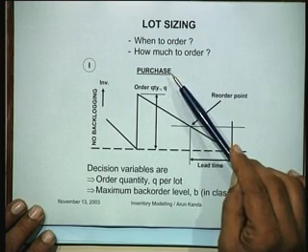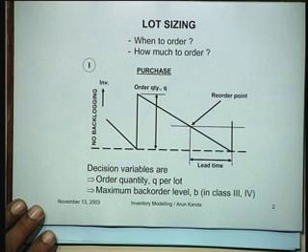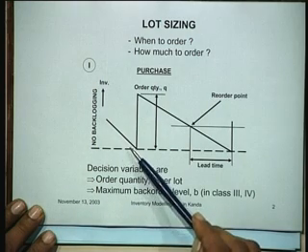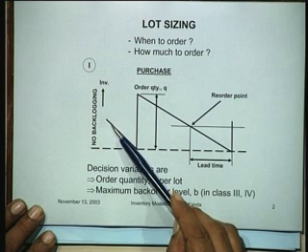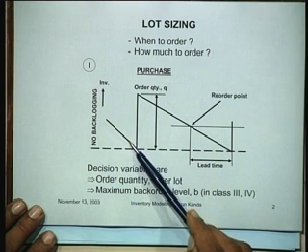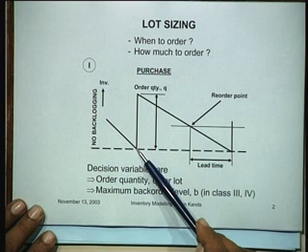So in a purchase situation, assuming that there is no backlogging and there are no shortages taking place, what would happen is the inventory would normally show a gradual reduction with usage till, of course, a point that the inventory becomes zero.